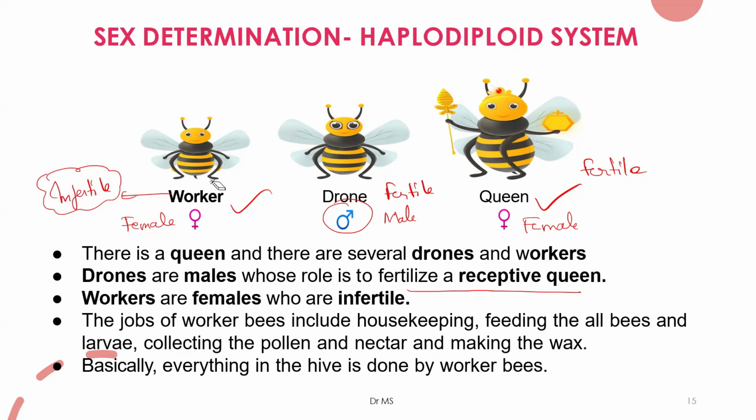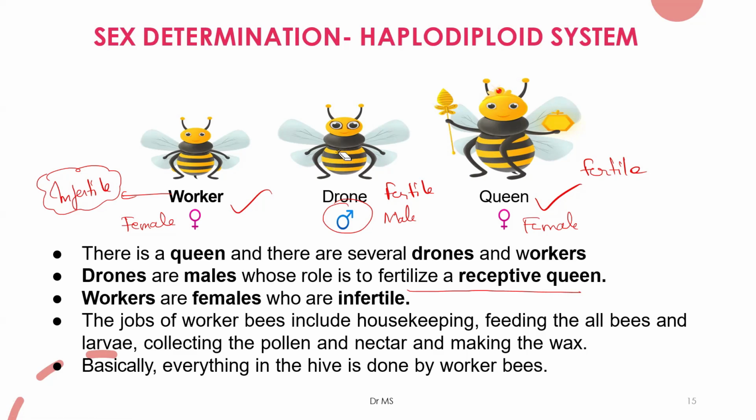But the workers do all the work. These are the housekeeping ones. They go and collect the pollen, feed the larvae, feed all the bees, and also make the wax. Whatever honey is there, they are the ones who bring it. The other two don't do anything; they just increase the population.